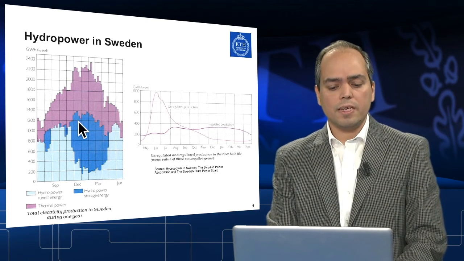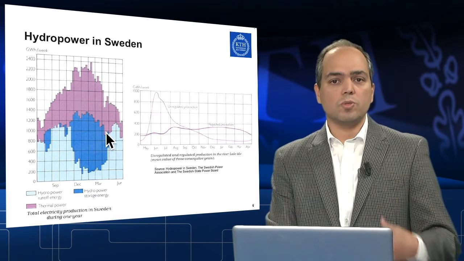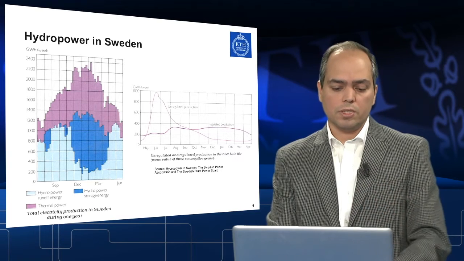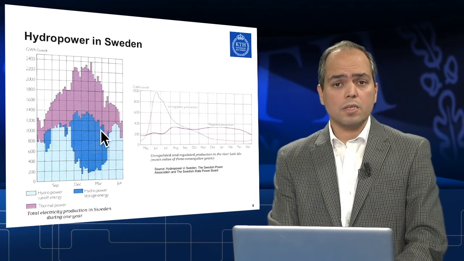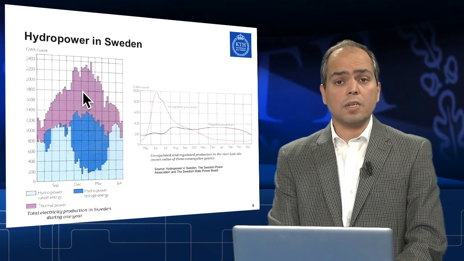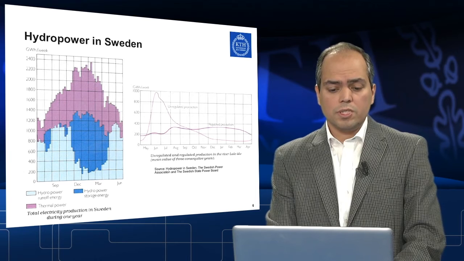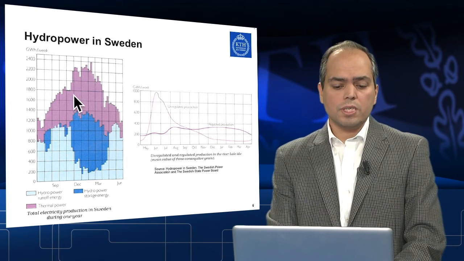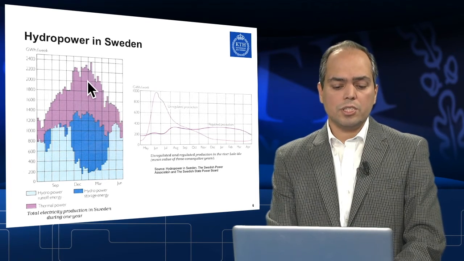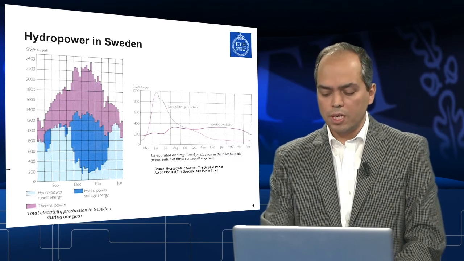In fact, this is the impact of making storage reservoirs through dam building or through pondage building along the rivers. And of course, Sweden is very dependent on electricity during the winter time. So you could see here that the extra needed energy comes on top from thermal power during the winter times.